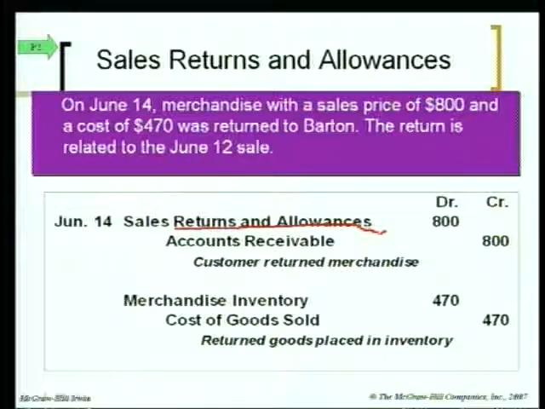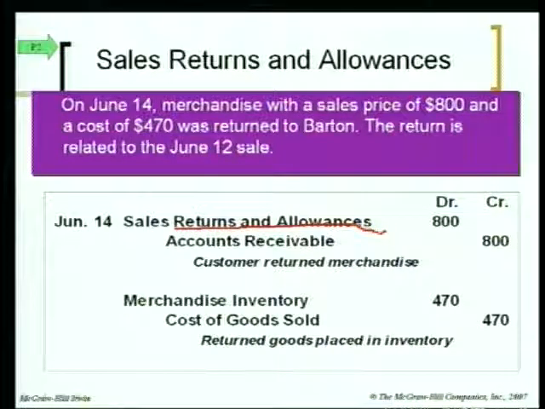So we have to make two entries here because we have to reduce the amount of receivable because they don't owe us that full amount anymore. We want the net sales to reflect that there was a sales return and allowance. But we also have to debit merchandise inventory because we are putting those items back on the shelves.